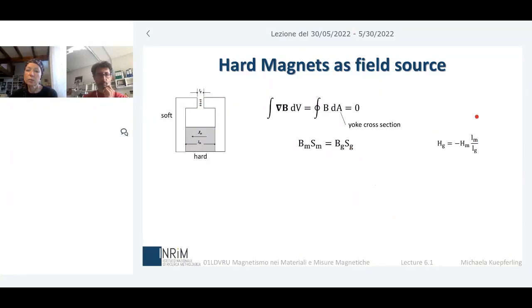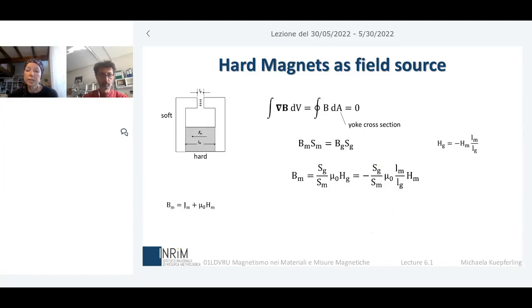Now we can also consider the relation that we obtained before. If we use it, we find a relation between BM, the magnetic induction, and the field HM. You see here, this is a line with a negative slope, and you have a geometrical factor considering the length of the magnetic path and the cross section of the magnetic path.